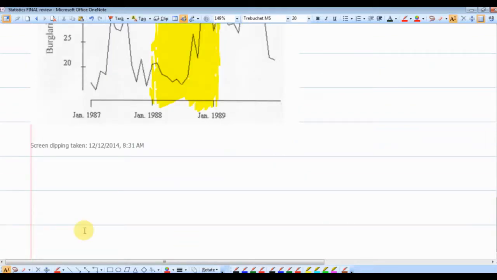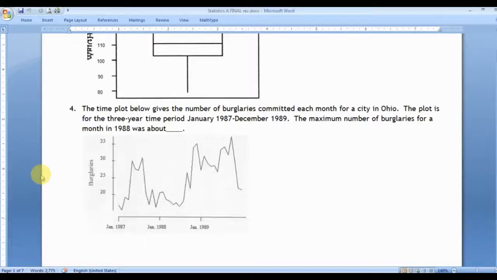Question 5. Zooming along here. We're going to use that histogram, and yeah, I should screenshot that histogram too.